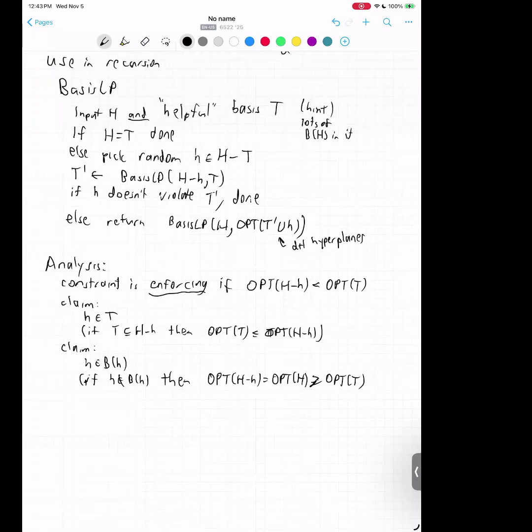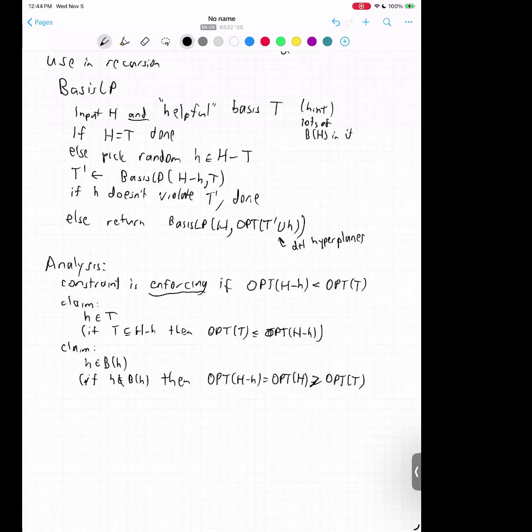Yes? Don't we normally pick H to not be in T? Like, isn't it H minus T? This is a sort of sub-statement about an arbitrary hyperplane. It's not the hyperplane that we chose in the algorithm.